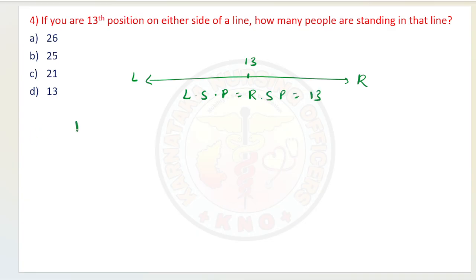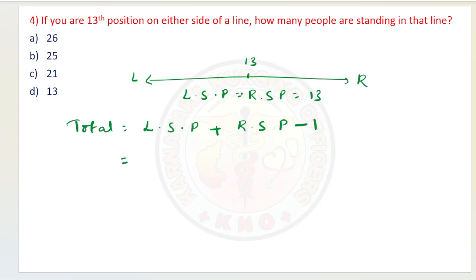And we have the total formula, right? In the previous problem we deduced the total formula, that is LSP plus RSP minus 1.